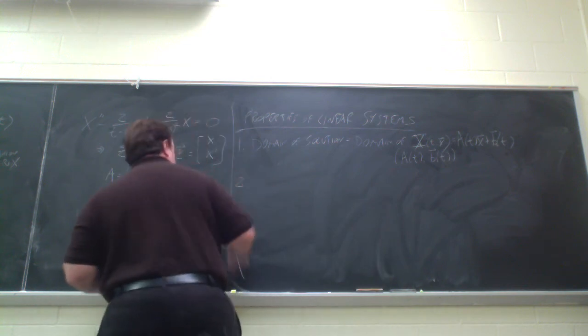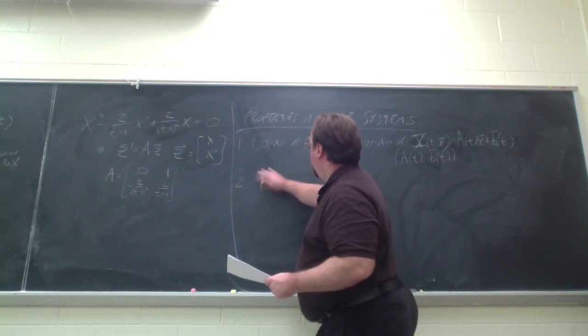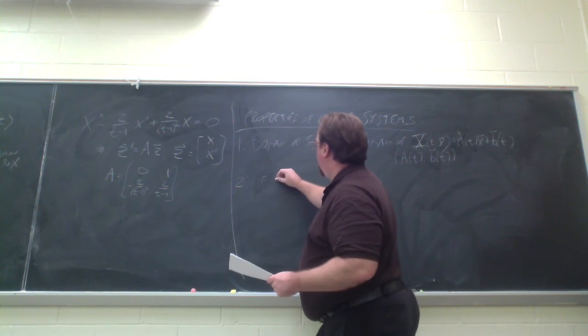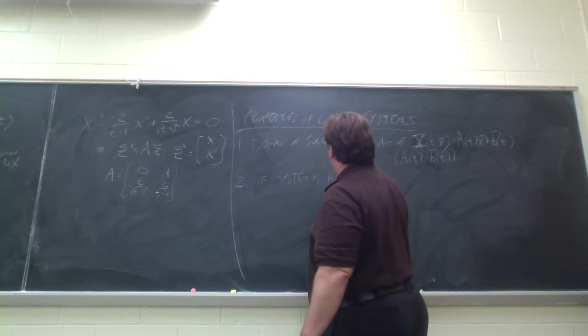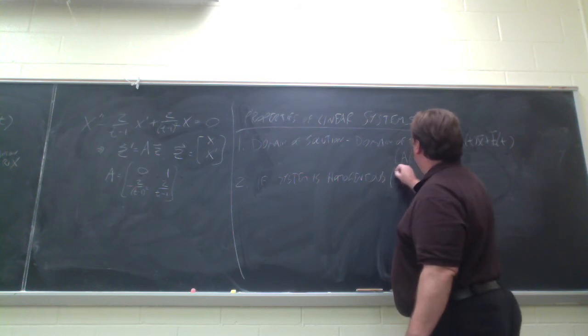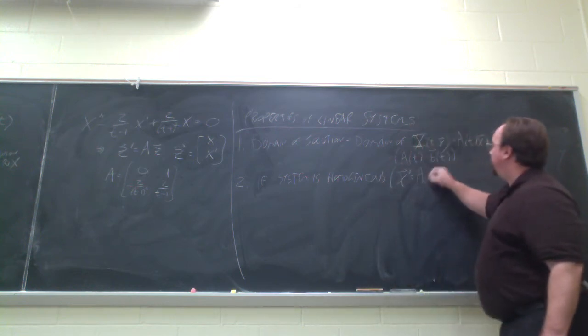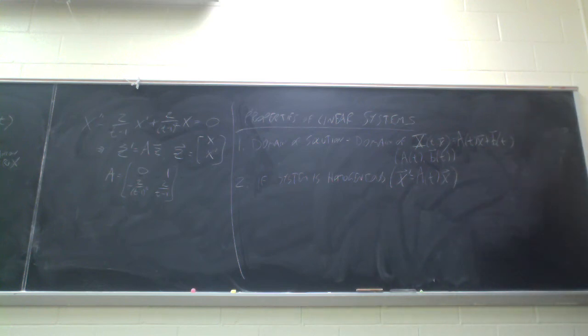Next property. If your system is homogeneous, so I want to emphasize this only applies for homogeneous systems. So x prime is equal to A of t times x. There's no b term, that's 0.